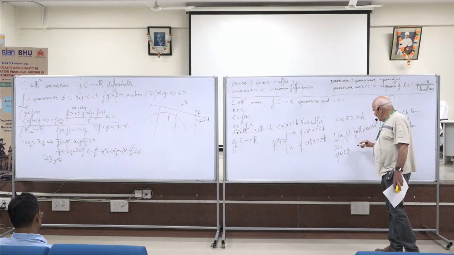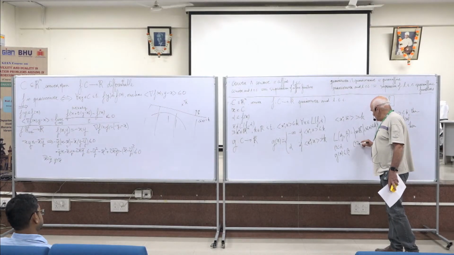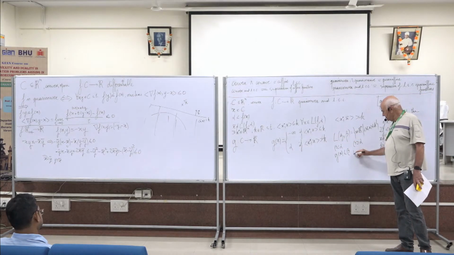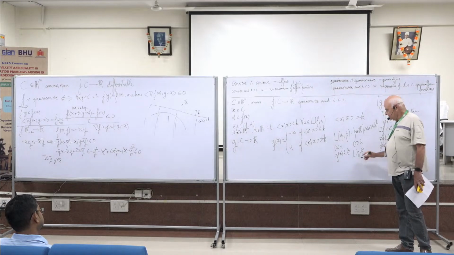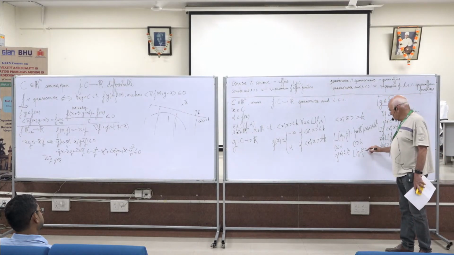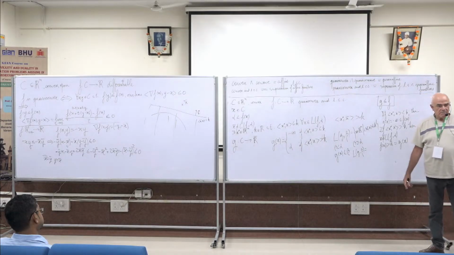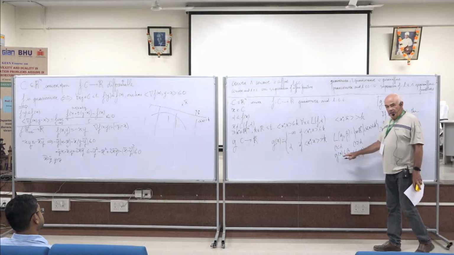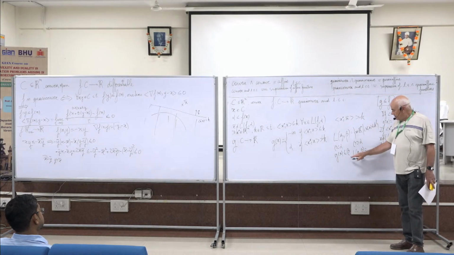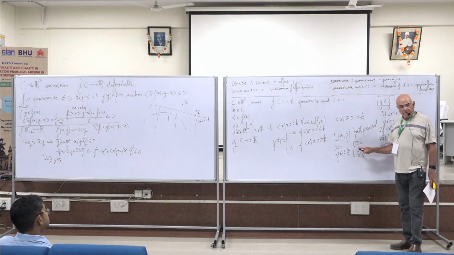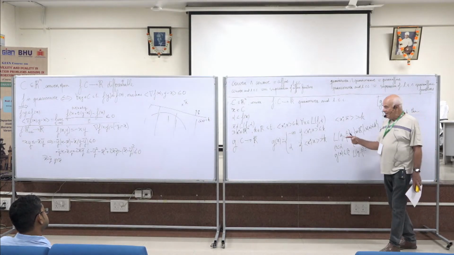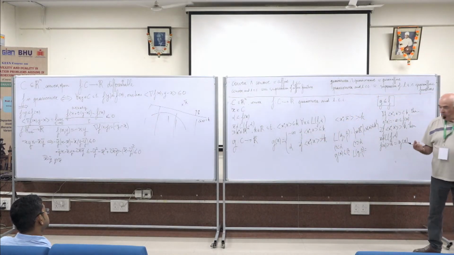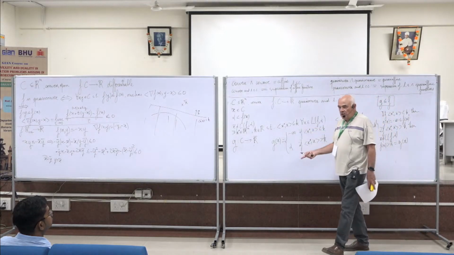If beta is greater than or equal to alpha, what is this lower level set? If beta is greater than alpha or equal, then at every x, g of x is less than or equal to beta, because g of x is either minus infinity or alpha.